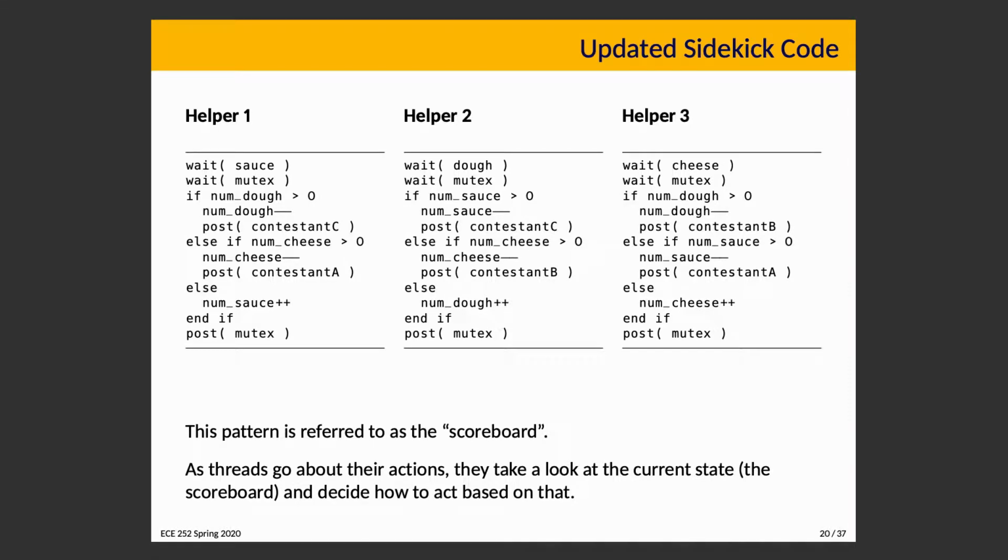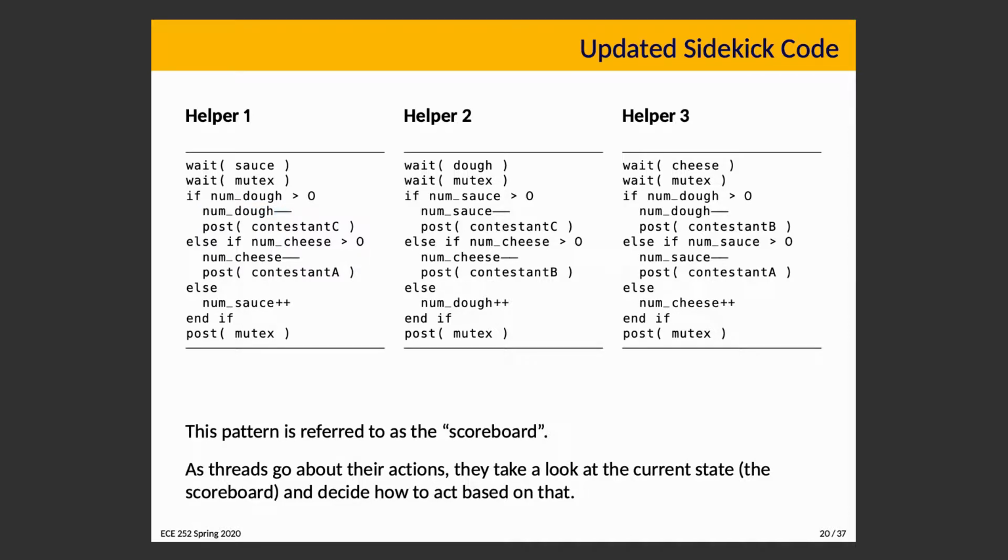If we put this all together, we end up with the following pseudocode. Helper 1 waits for sauce, waits on the mutex. If the number of dough is greater than 0, then number of dough is decremented. Unfortunately, the way the typesetting has set up the minus minus, the 2 minus symbols overlap a little bit, so there isn't obviously a space in between them.